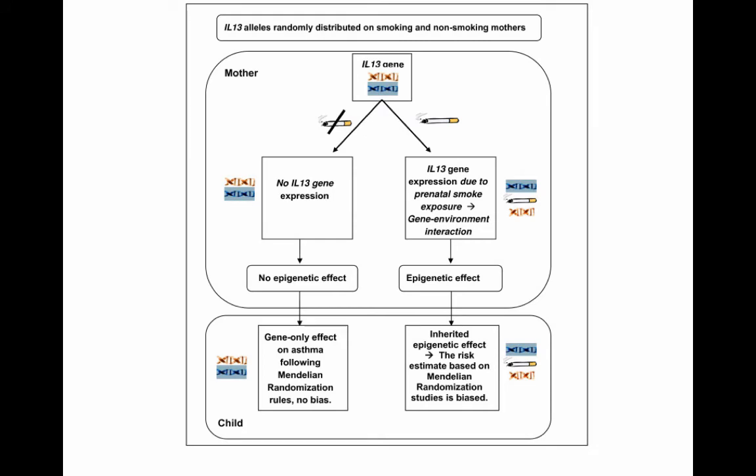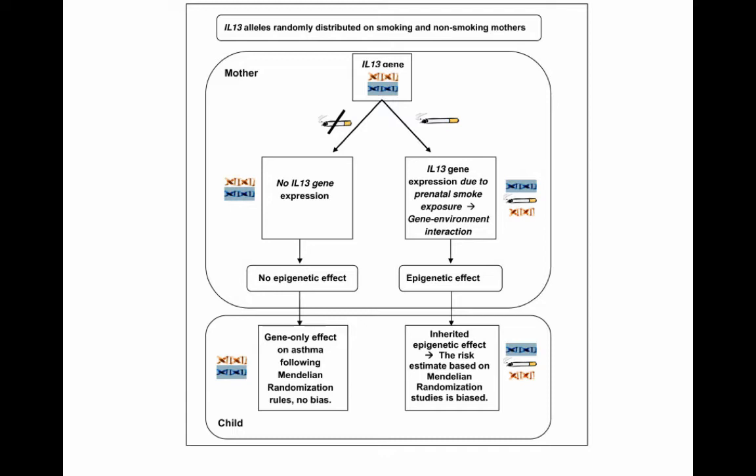Here is the example presented by Obuano using simulated data. This example uses a SNP in IL-13, which is a gene that encodes an inflammatory marker, as an instrumental variable to look at the relationship between the IL-13 protein and asthma in the offspring.